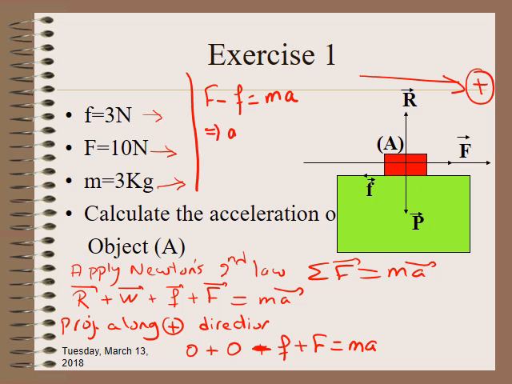Then a equals F minus f over m equals 10 minus 3 over 3 equals 7 over 3 meter per second square.